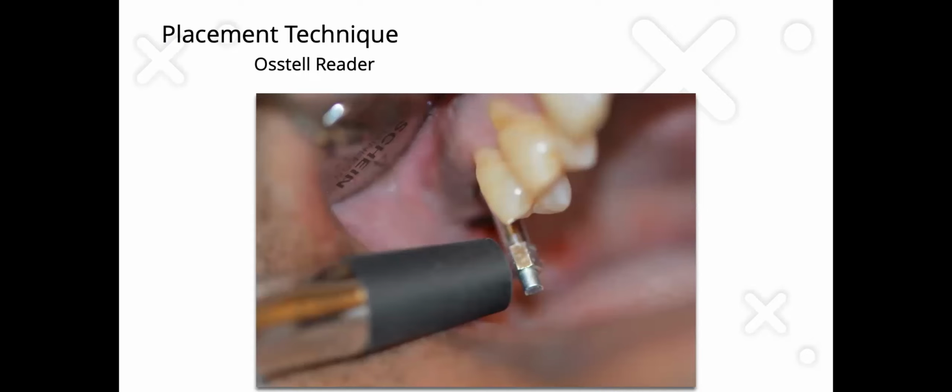The Osstell reader can actually be programmed with the patient's name and has all the information on there. Again, you'll have to use a smart peg, just like this, to detect the ISQ reading. Now the Penguin.